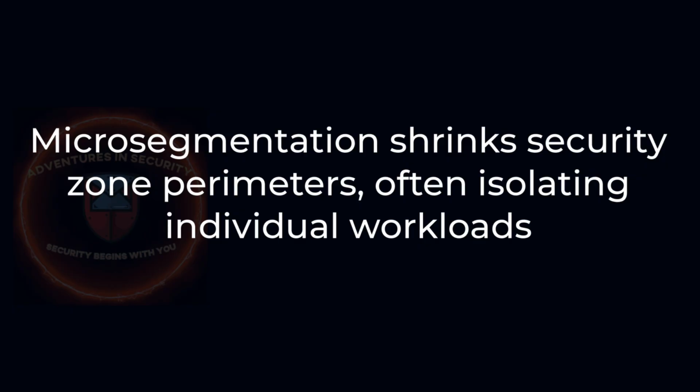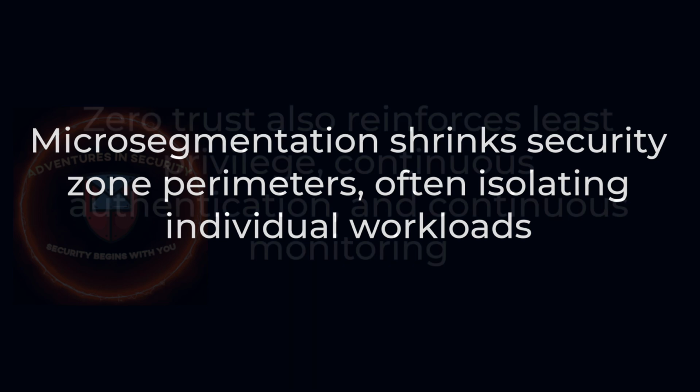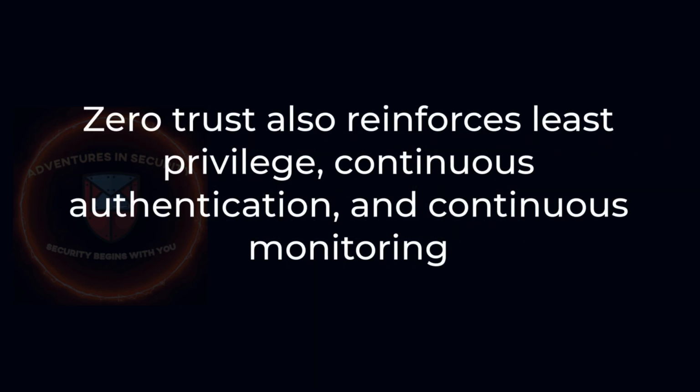One practical outcome of this model is microsegmentation. Rather than placing many systems on a broadly trusted network, organizations divide environments into smaller protected segments so that a compromise in one area does not automatically expose everything else. Zero Trust also reinforces least privilege, continuous authentication, and continuous monitoring. Access is not granted once and forgotten. It is assessed and reassessed.